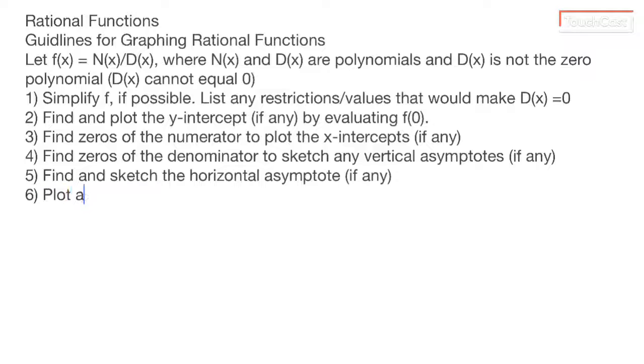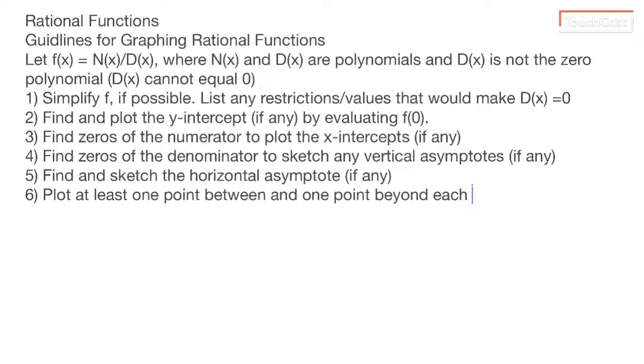Then we're going to plot at least one point between and 1 point beyond each x-intercept and vertical asymptote.